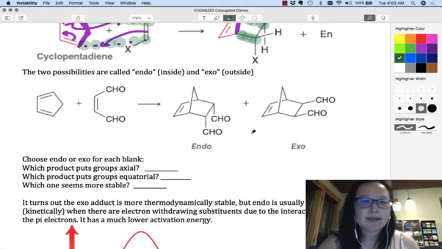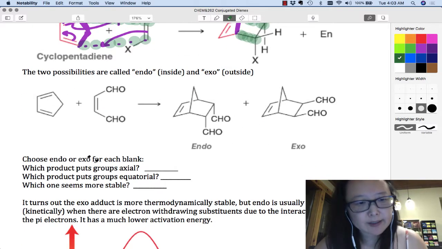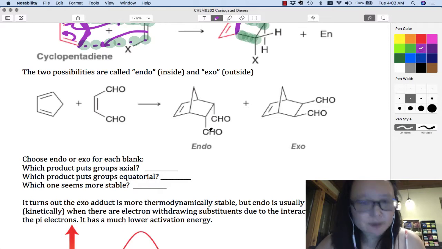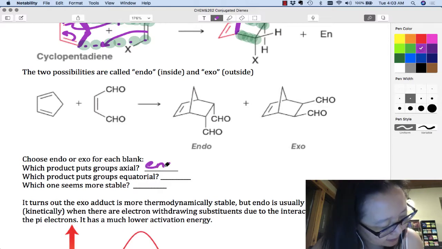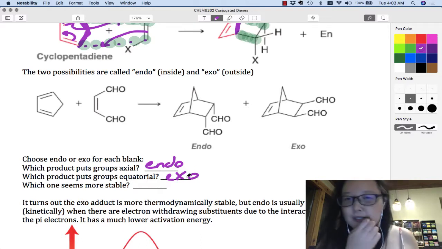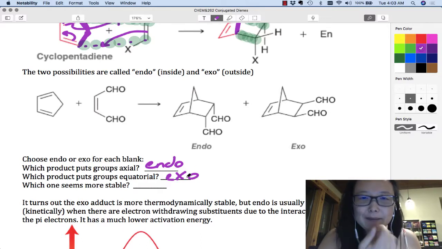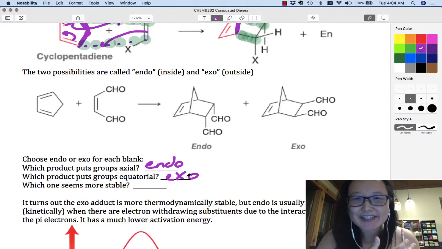So looking at using the terms endo and exo, which product of this example puts the groups axial? The axial ones are what we're calling endo. Equatorial is the exo. And which one seems more stable to you? Thinking back to cyclohexane chairs, do we say axial or equatorial tended to be more stable?